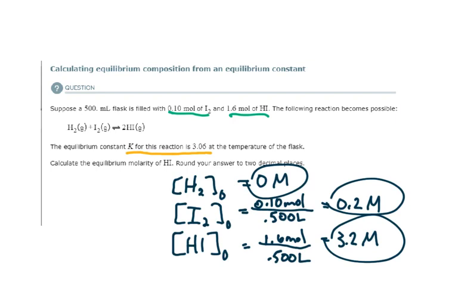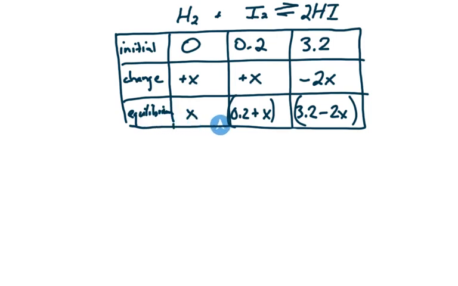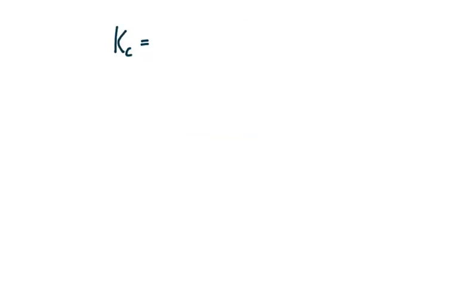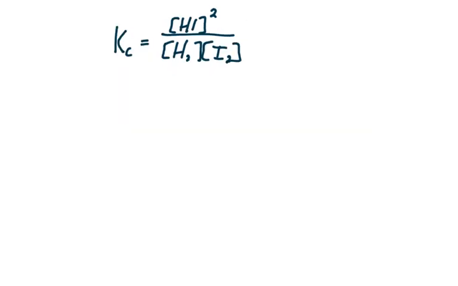So if I know K, I can work backwards to find the equilibrium concentration. So let's write this equation out. Kc is equal to, what is our product? HI squared over H2 times I2. And that came from the balanced equation here.